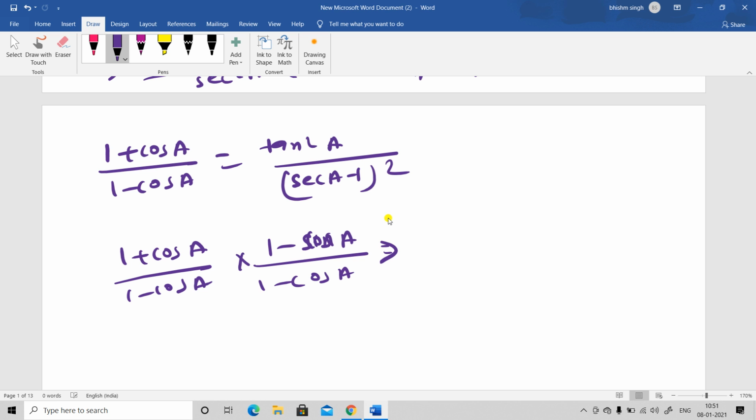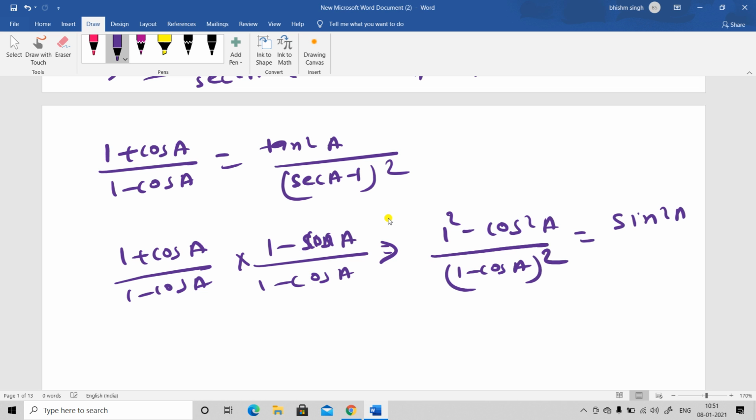So what happened here: 1 square minus cos square a, and below, 1 minus cos a whole square. Okay, so 1 minus cos square a is here. So this is sine square a, divided by 1 minus cos a whole square. Okay, this is like this only.